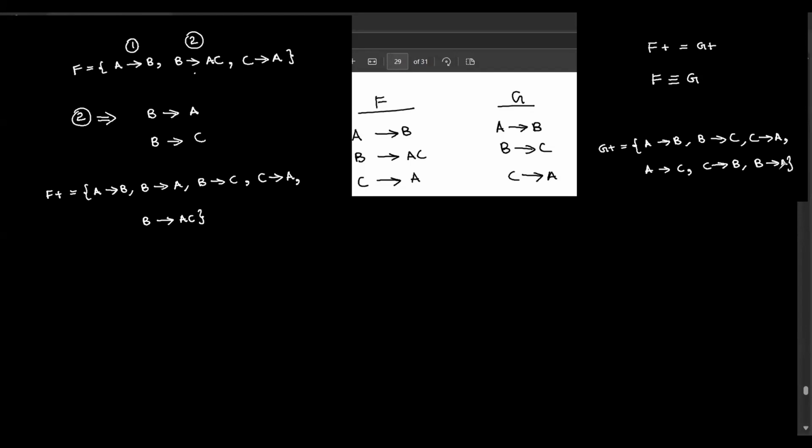So I'm going to apply the union rule here, and if I apply the union rule to these two, I will be left with B functionally determines AC.